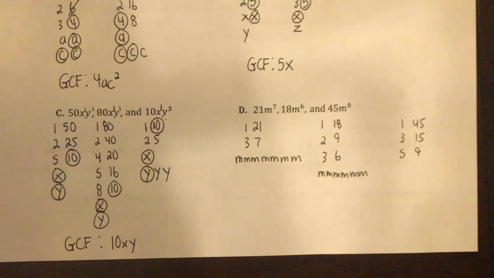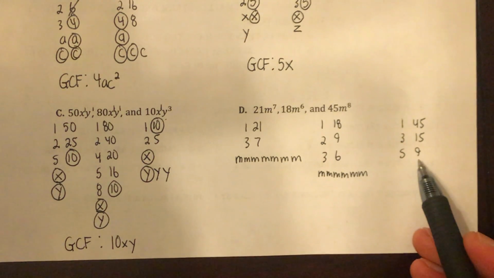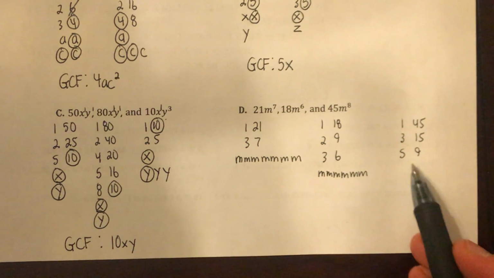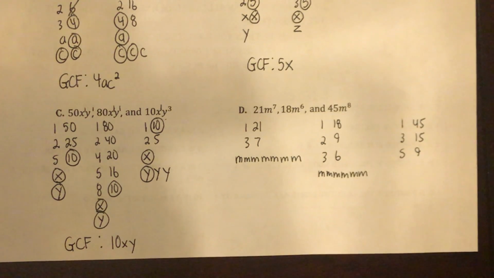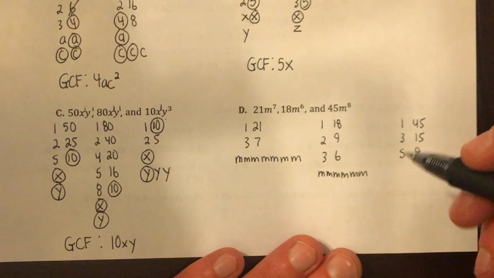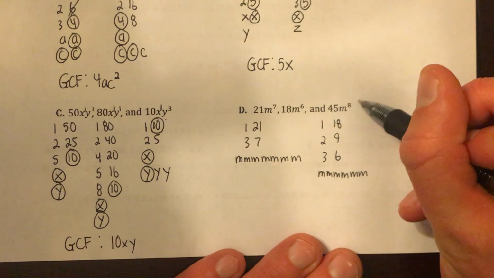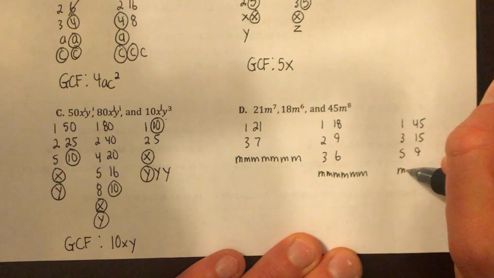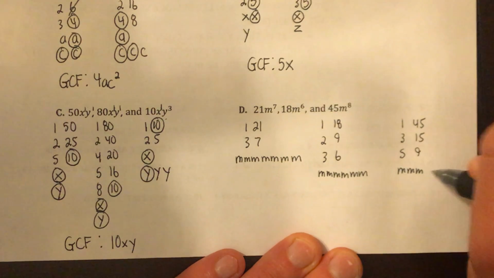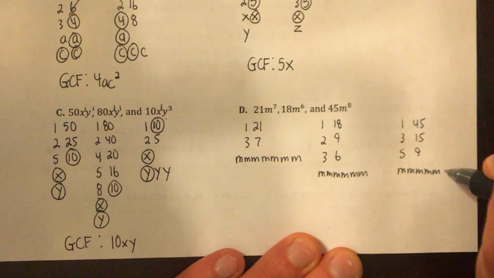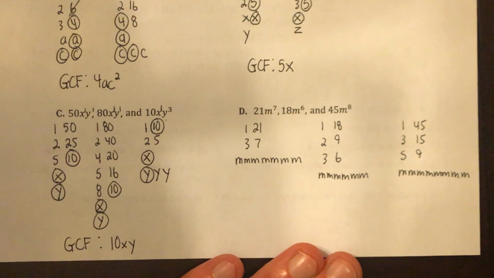Does 7 go in? No, it doesn't. Does 8 go in? No, it doesn't. 9 is my last factor because it's already listed. So we're good with that. Now I've got to list out all of my m's, and it says that I have 8 of them. So here we go. 1, 2, 3, 4, 5, 6, 7, and 8.